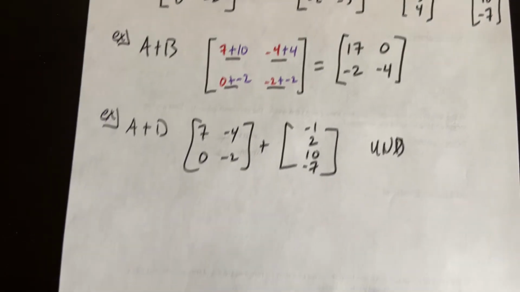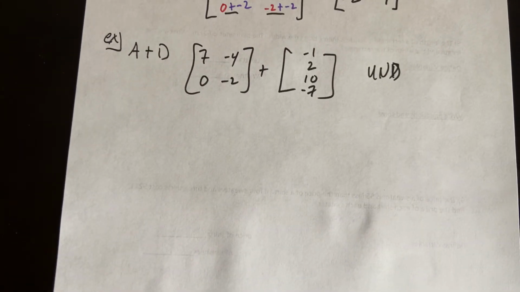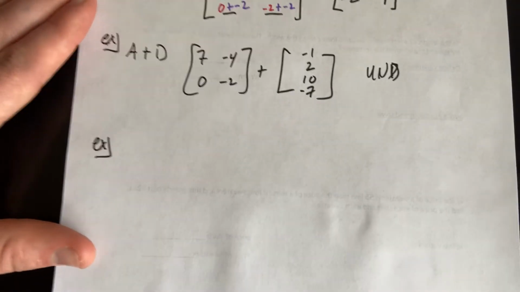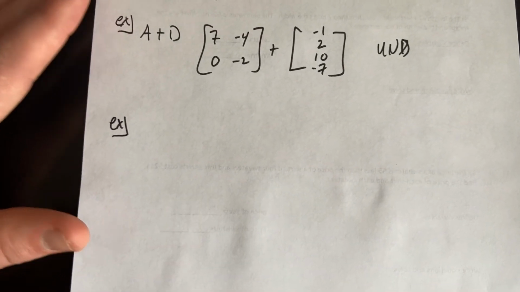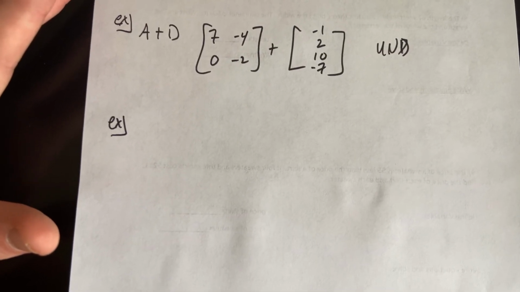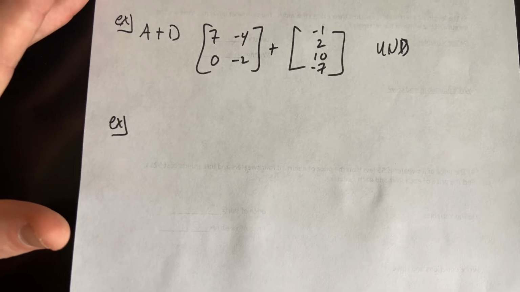Okay, so I think this is pretty simple to get the hang of. I'm going to do one more example with you to show you some subtraction here. So the last example, and really pay attention to which, addition doesn't matter. 3 plus 10 is the same thing as 10 plus 3.